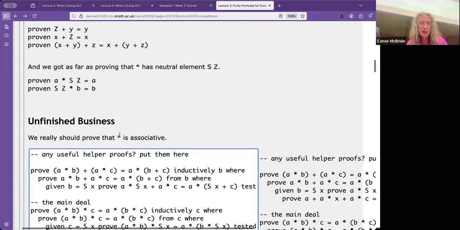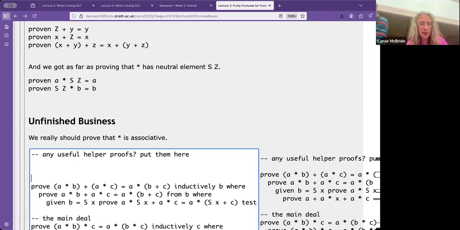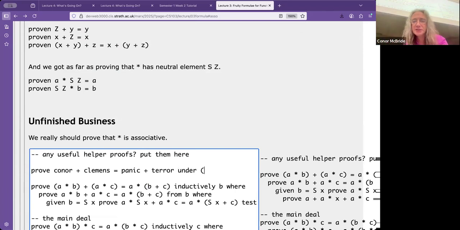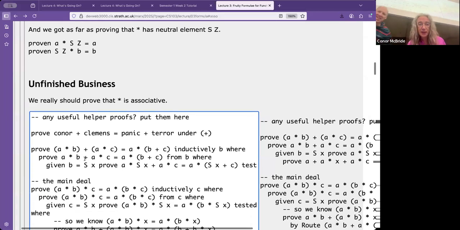Let me give you a silly example. If I say prove Connor plus Clemens equals panic plus terror, and then I say "under plus", and I have to put the plus in brackets because plus is an infix operator, right?